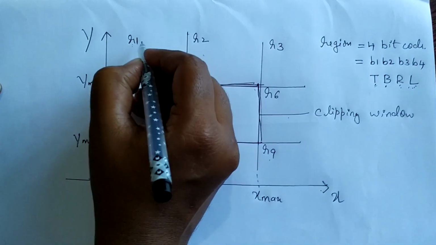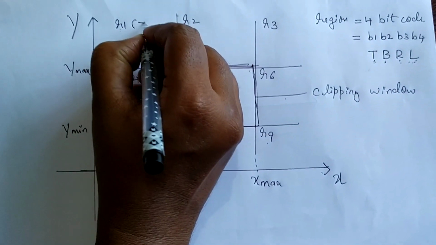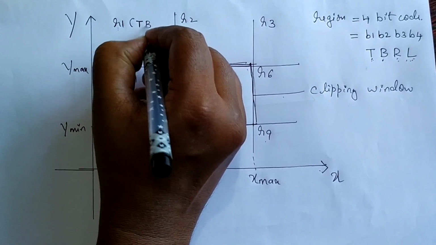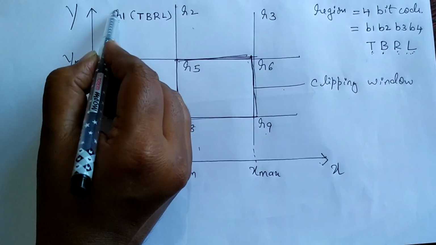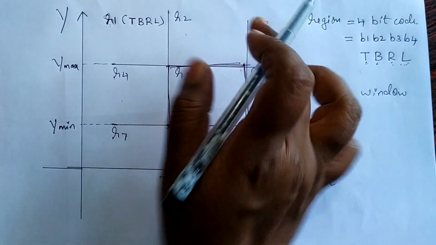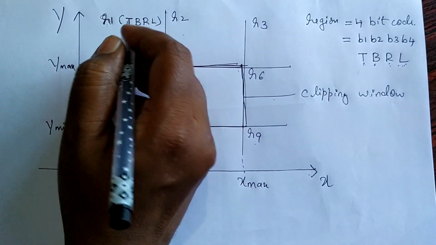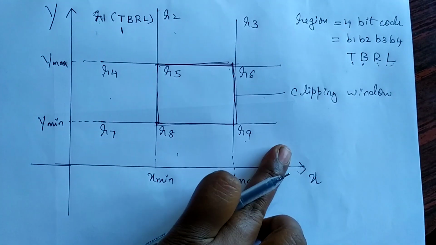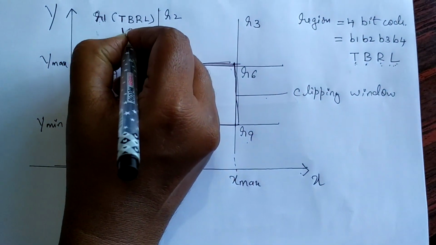We'll start by assigning a bit code for each region. The pattern is top, bottom, right, left. Now we'll see where region 1 is located. It is located on the top, right? So the top bit will be assigned 1. Is it located in the bottom? No, region 1 is not in the bottom, so the bottom bit will be 0.